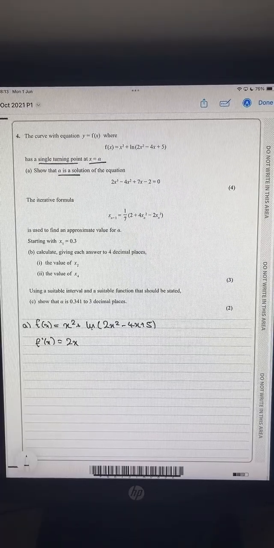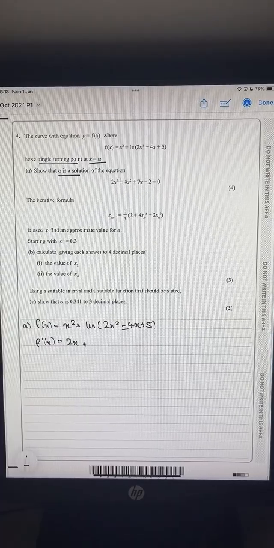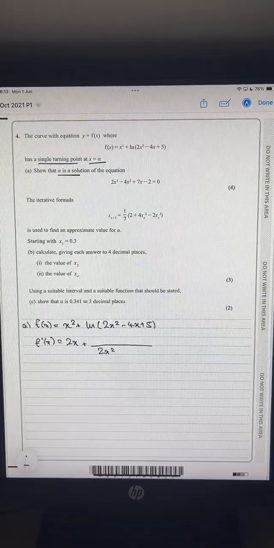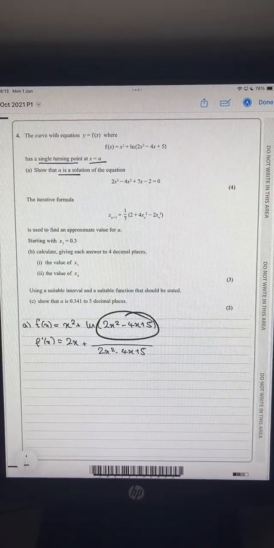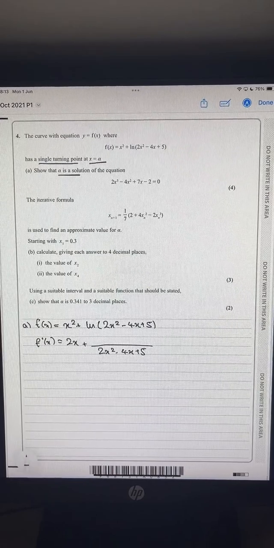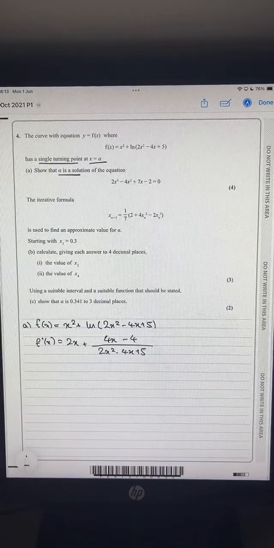And if I differentiate a natural logarithm, I just do plus this whole thing in the natural logarithm is going to be my denominator, so 2x squared minus 4x plus 5. And then my numerator is just going to be the derivative of whatever was in my brackets. So 2x squared differentiated gives me 4x, and minus 4x differentiated gives me minus 4, and then the constant terms disappear.